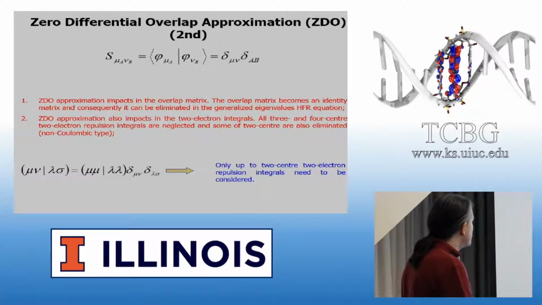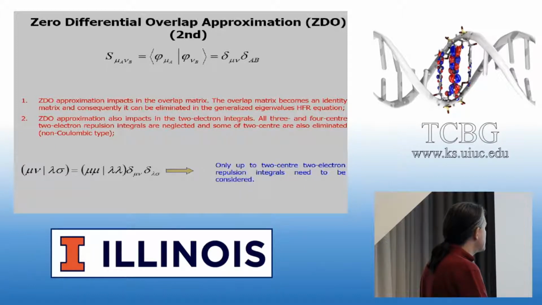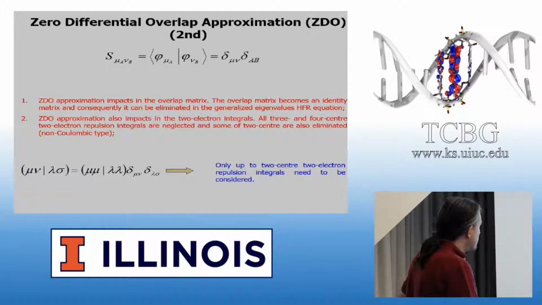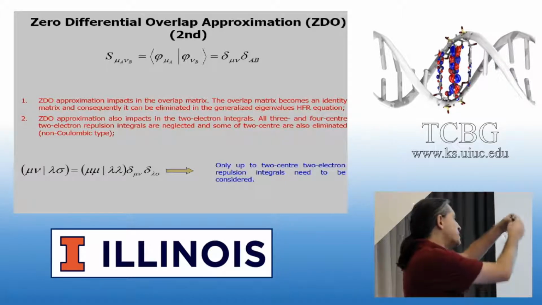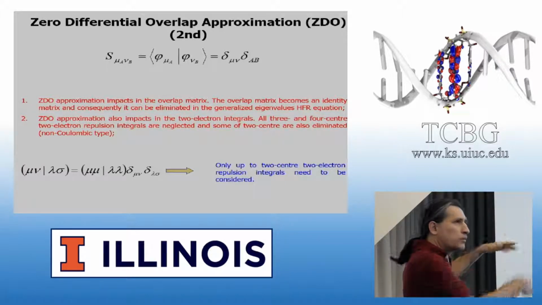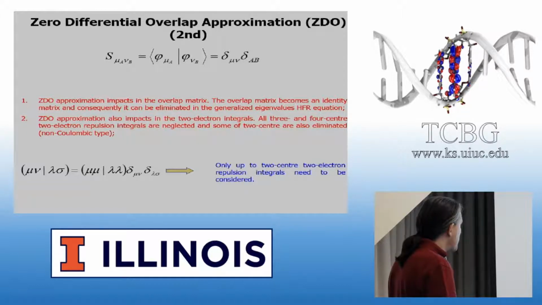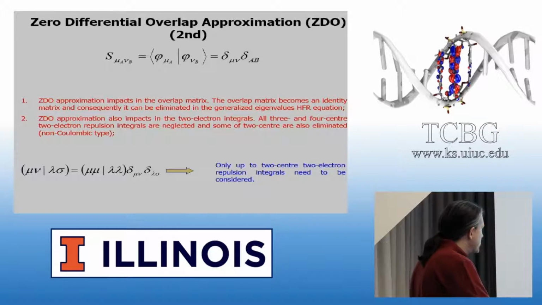In this approximation, you consider the S matrix, the overlap matrix, as an identity matrix. In the diagonal of the matrix, you have only the number one, and the off-diagonal elements are all zero. This type of approximation causes impact in other parts of the Hartree-Fock equation.